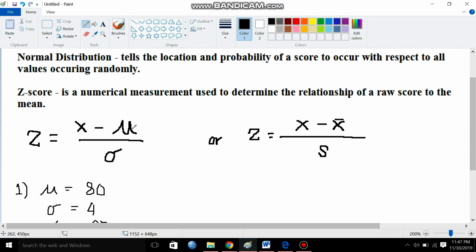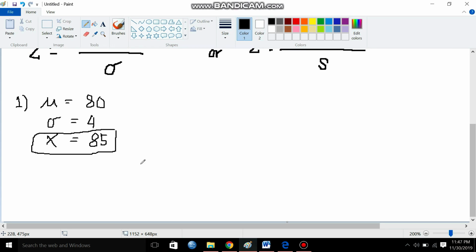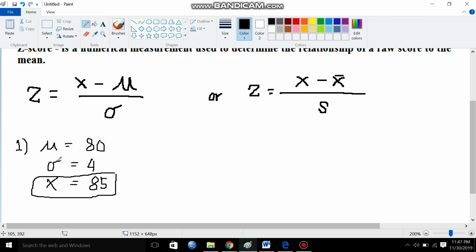So, for example, in a test the population mean of the score is 80 and the standard deviation is 4, then let us determine the probability of occurring x equals 85, or the score of 85. Since the given are a population mean and a population standard deviation, we will be using this formula.